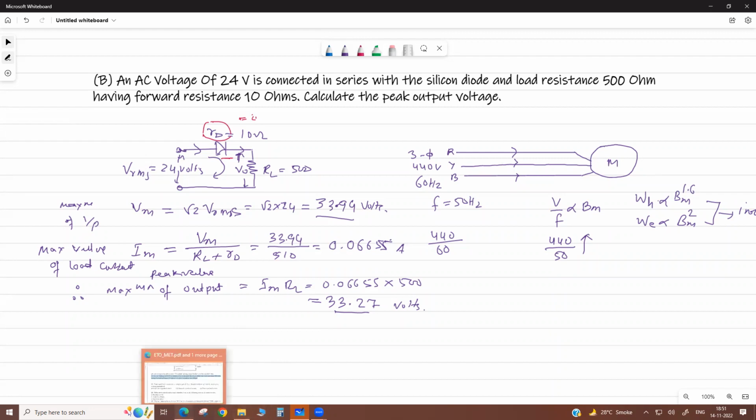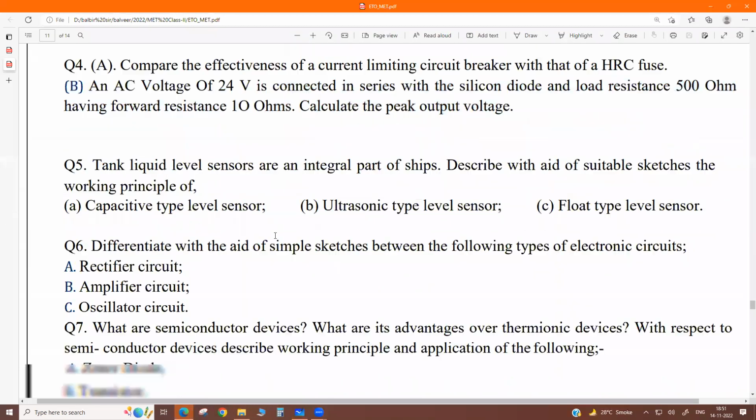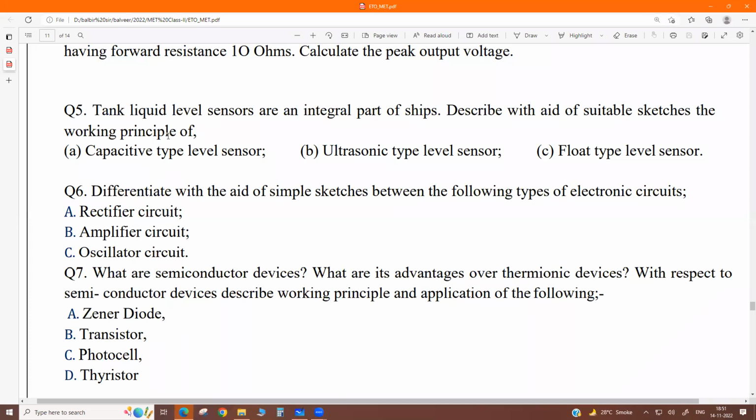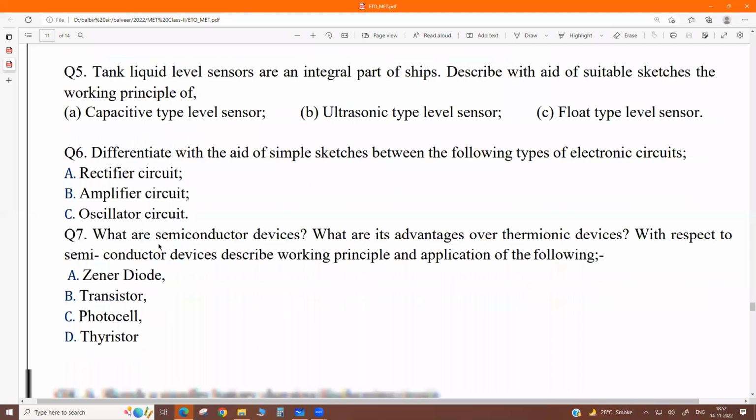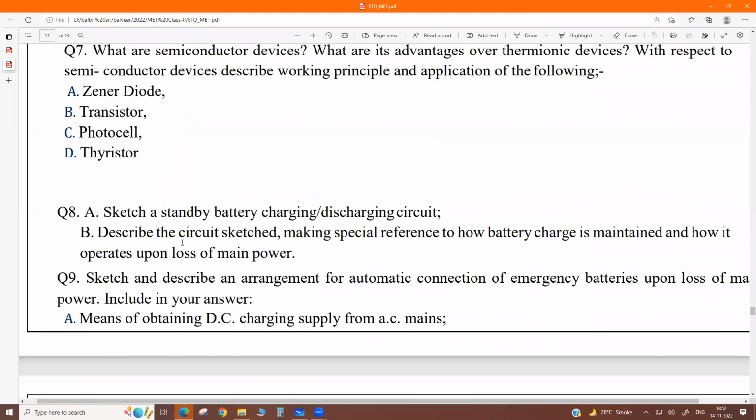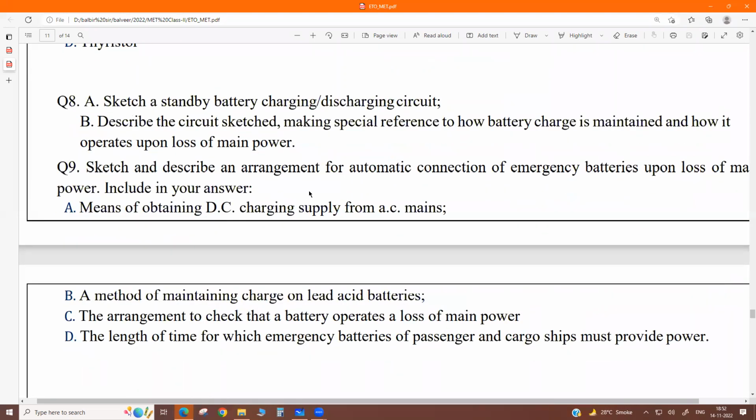Now come to the next question. Now there are different types of level sensors, and see the difference between the circuits: rectifier, amplifier, oscillator. It is already asked in your ET also. Now charging and discharging, battery related questions.